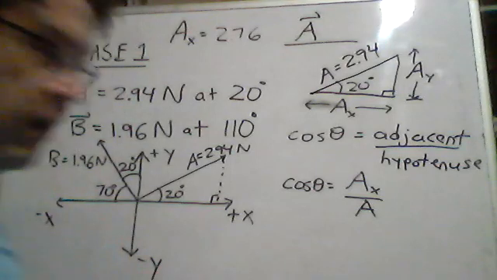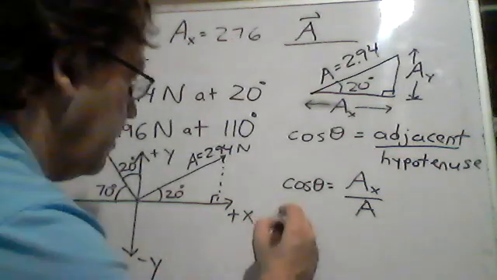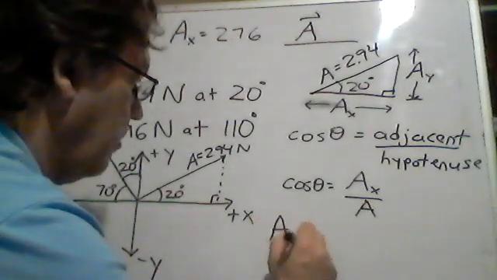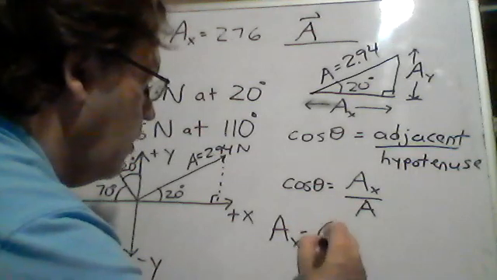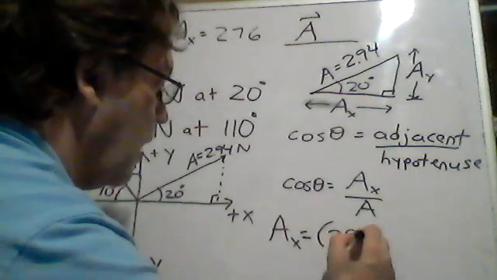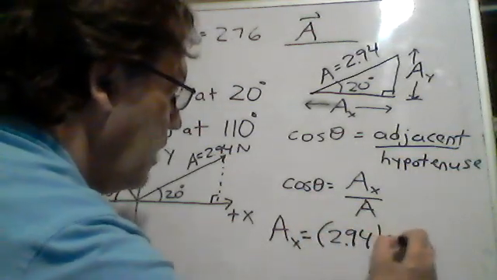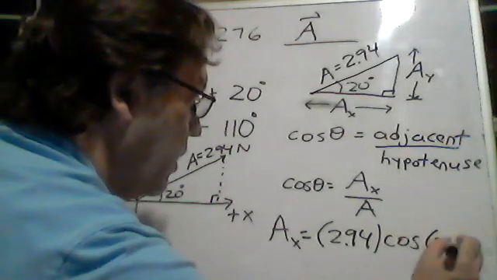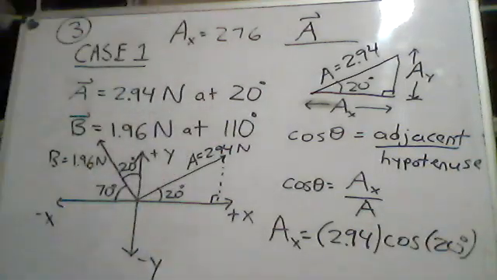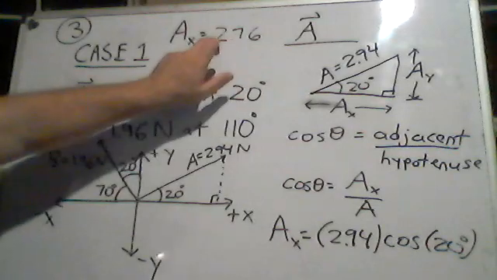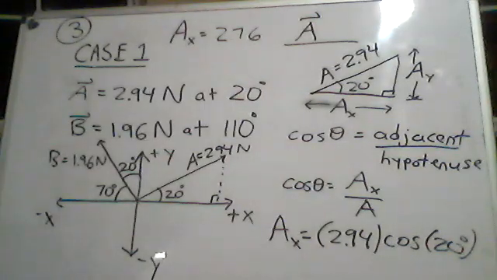I think I'm off the camera. So a sub x is 2.94 times cosine of 20 degrees. All right. And you do that, you get 2.76. Again, I don't care if it's positive or negative at this point. All I care about is this local triangle.